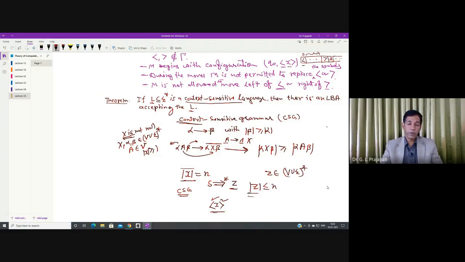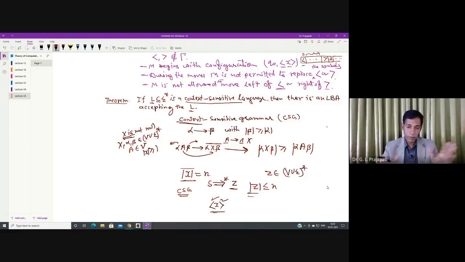So for accepting a context sensitive language, you have an LBA, in which you bound the portion of the tape and work within this bounded region.